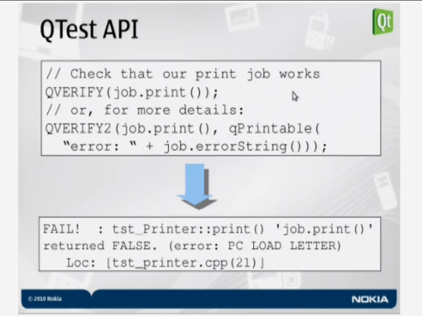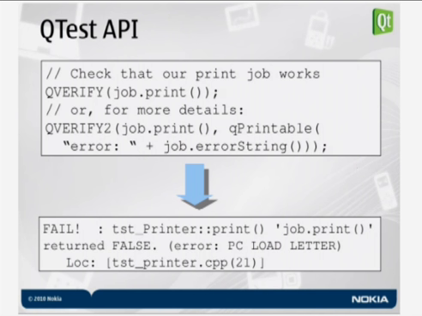Now, there's a second version of this which allows you to add your own data into the failure message. In this example, imagine that my print job class has a function called errorString, and when there's an error, that gives me a string describing the error.